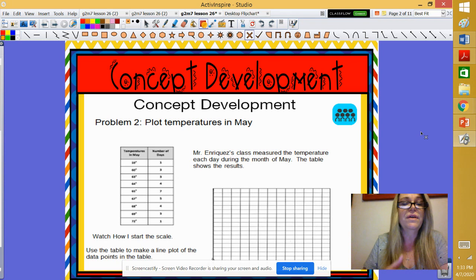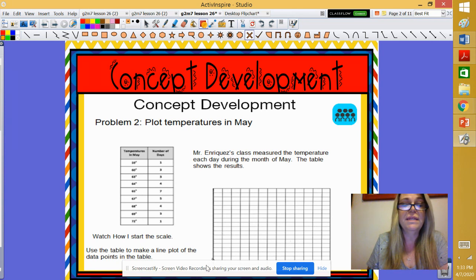Now here we have a chart with some temperatures from May. The scenario we're looking at is Mr. Enrique's class measured the temperature each day during the month of May. This table shows the results. Okay, now watch how this scale starts.